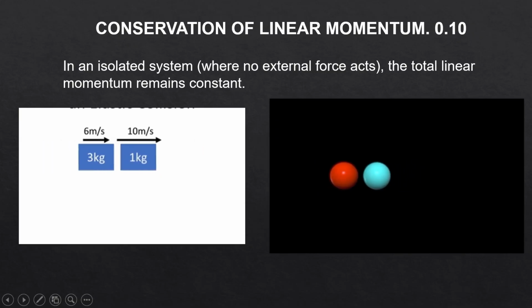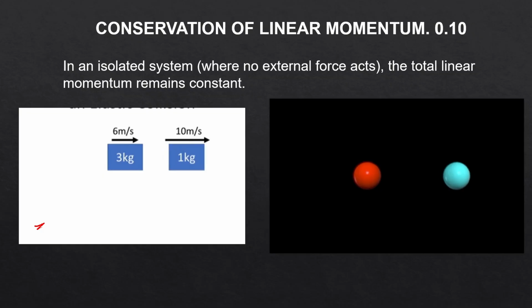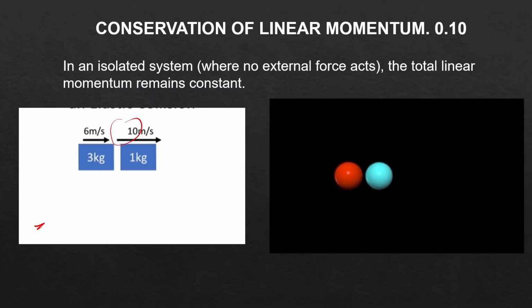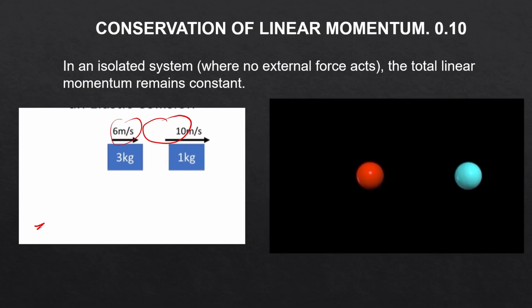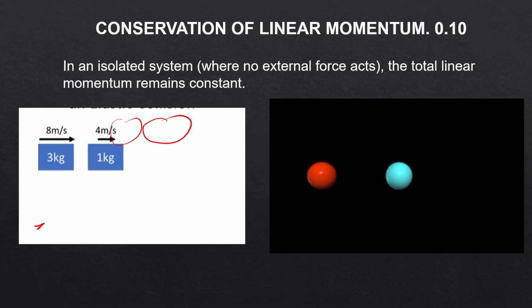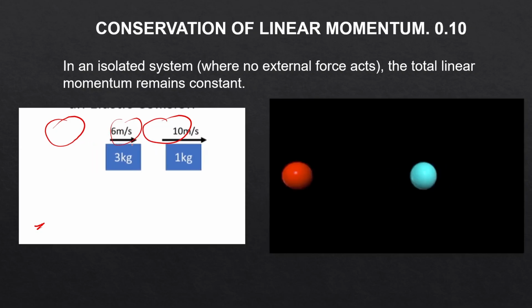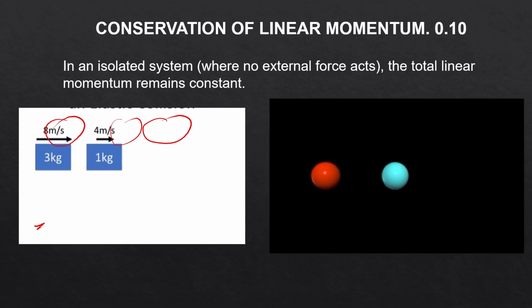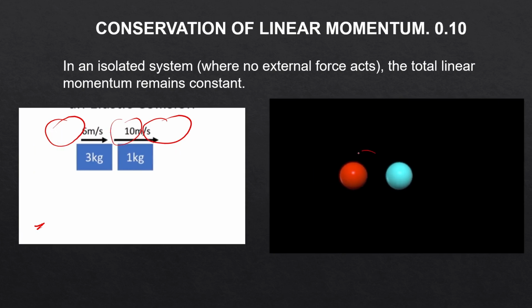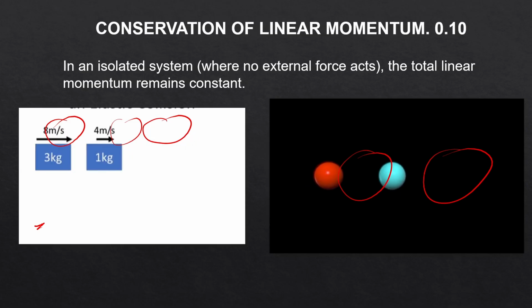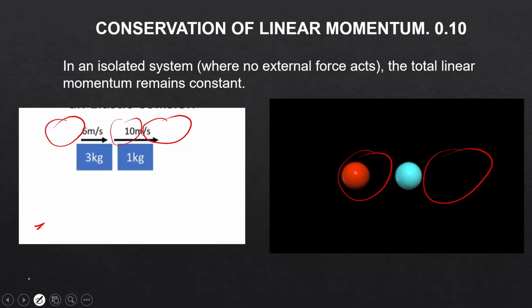It shows exactly that: initially this was 6 and this was 8 and 4, then after collision it becomes 6 and 10. The masses may be the same, but after collision, they will have different velocities.